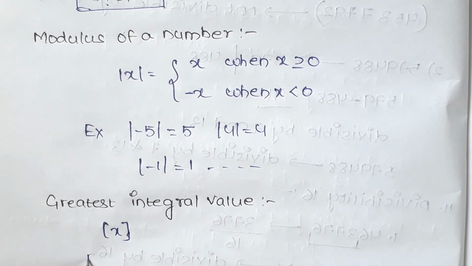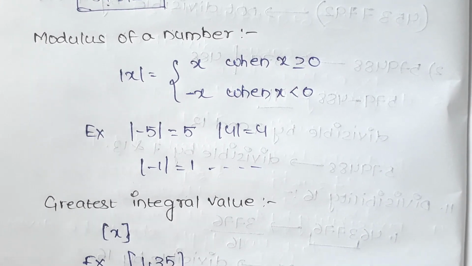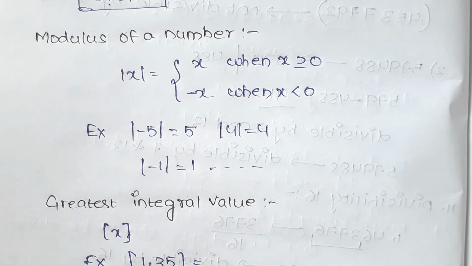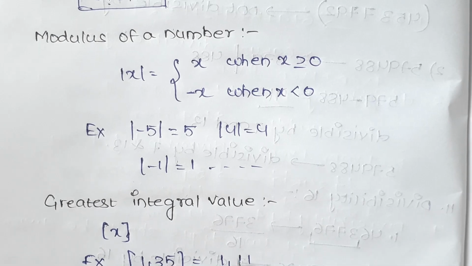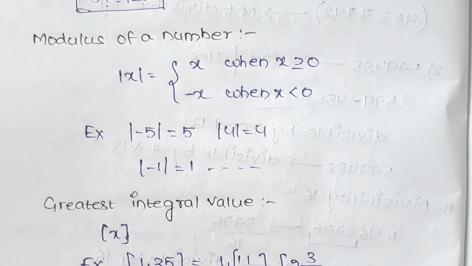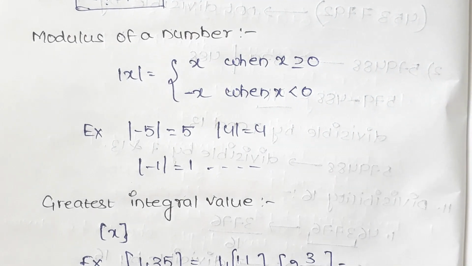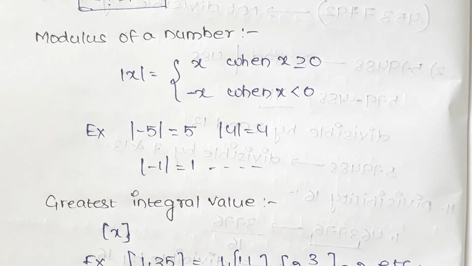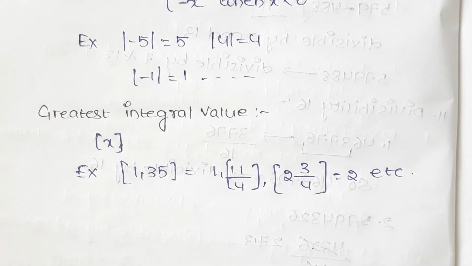For example, if we have within a bracket 1 3/4, that equals 1, and 2 3/4 equals 2, and so on. And this is about the greatest integral value.